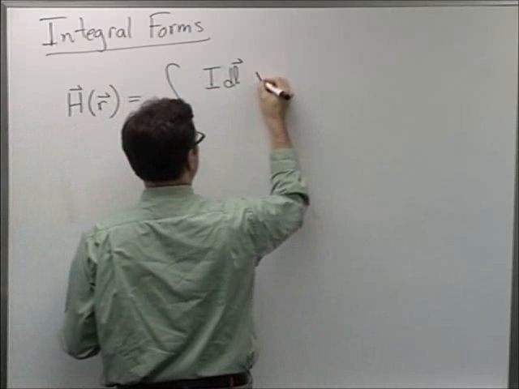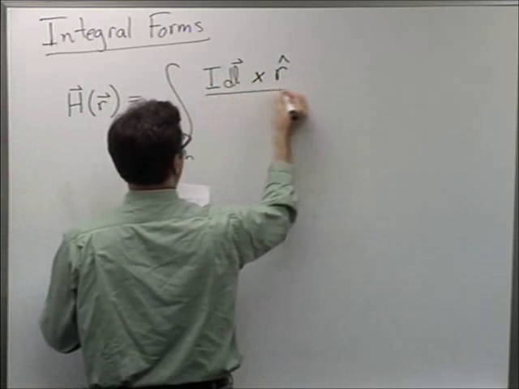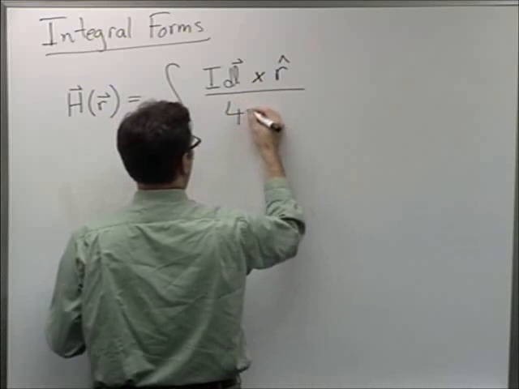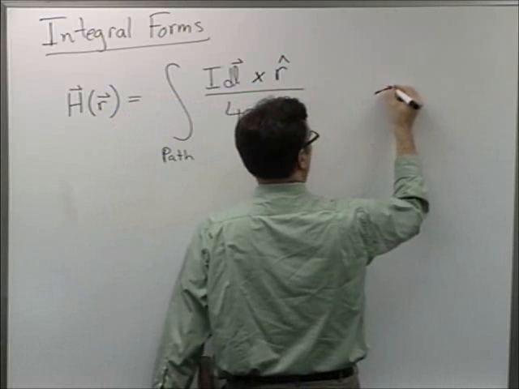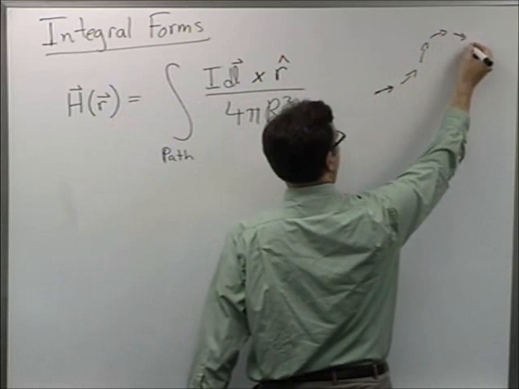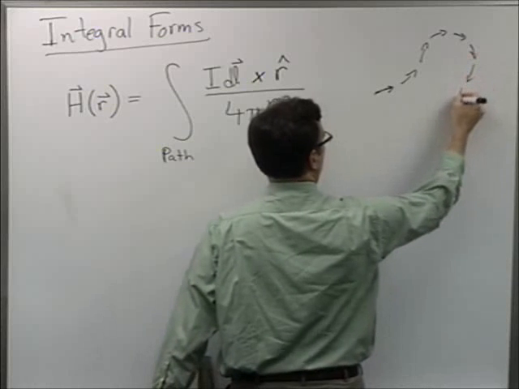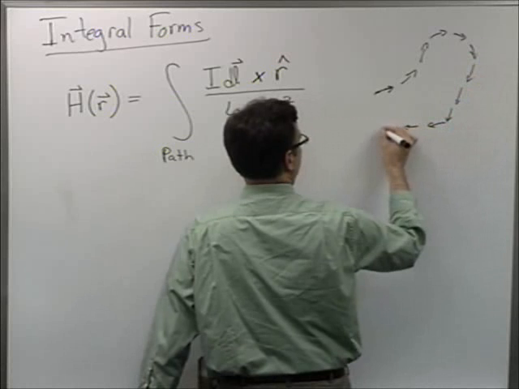We cross that into the unit vector r hat, and we divide by 4 pi r squared. And in this case, we are going hopefully around a closed path. Eventually around a closed path.